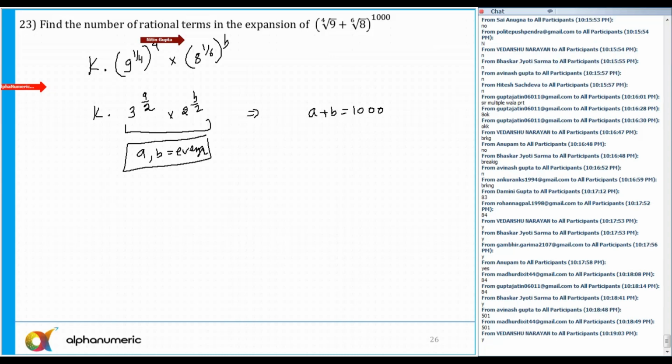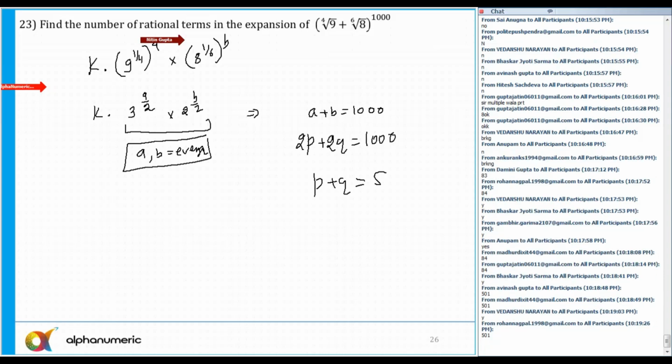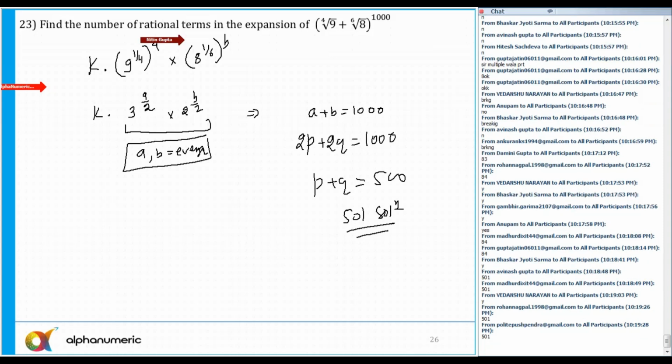Then only a by 2 will be an integer as well as b by 2. So a plus b is equal to 1000 and a and b both are even. So I'll take a equal to 2p, b equal to 2q, which is equal to 1000. So p plus q is equal to 500. So how many solutions are there? 501 solutions. So the answer is 501.